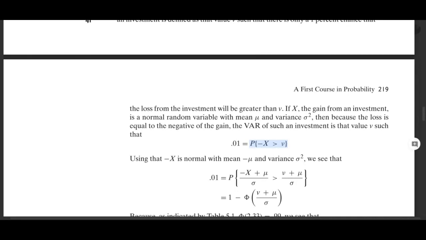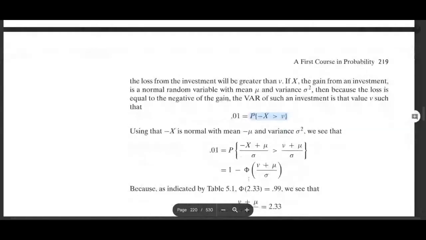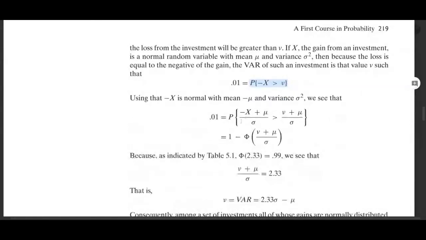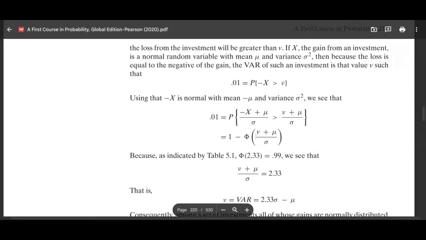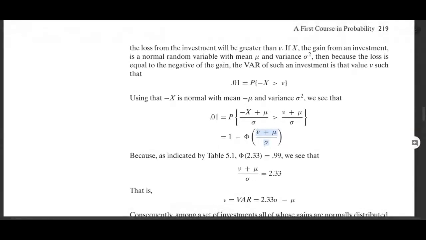We see 0.01 equals, converting into z-score, then check the value of this. So that's 1 minus this. This depends on those 3 values.